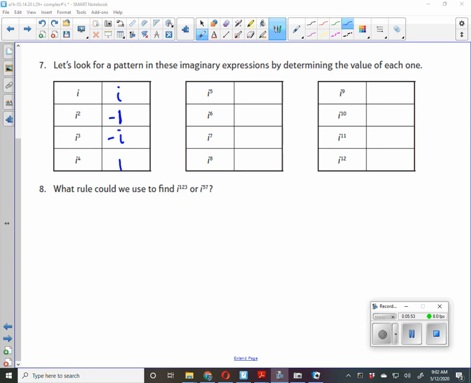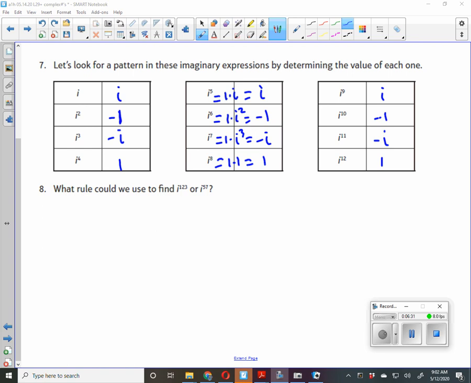Now, what's interesting is that i to the fifth is just going to be 1 times i, or i. i to the sixth is 1 times i squared, which is negative 1. i to the seventh is 1 times i cubed, which is negative i. And i to the eighth is 1 times 1, or 1. And if we keep going: i, negative 1, negative i, and 1.